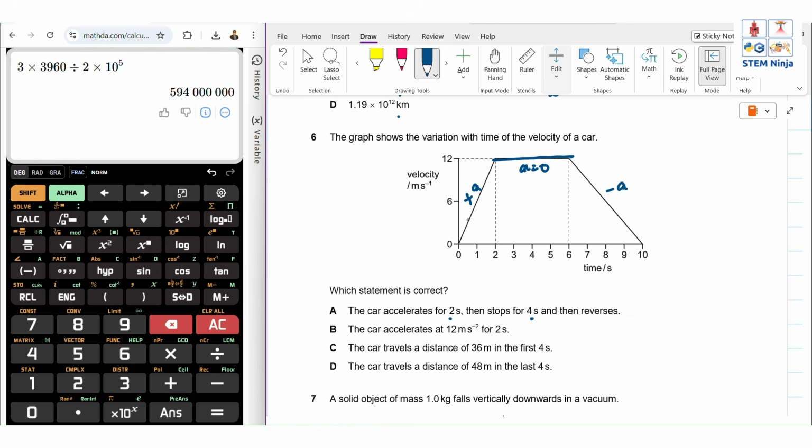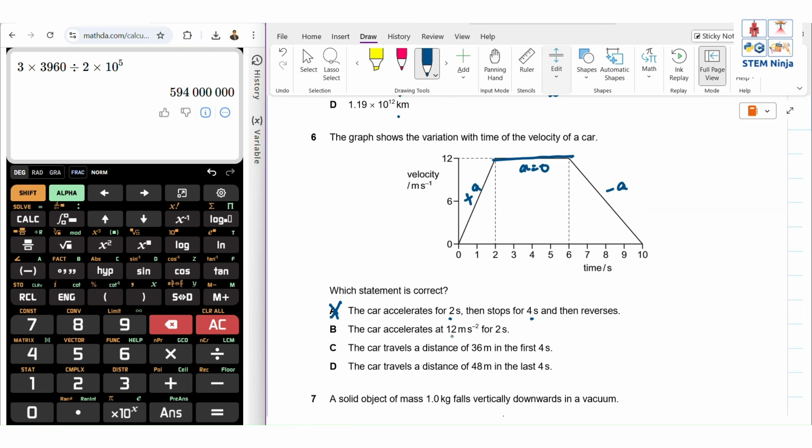Velocity being positive, 0, and negative does not mean the same thing as acceleration being positive, 0, and negative. Acceleration being negative simply means that it's decelerating. Acceleration being 0 simply means that the velocity is constant. So this is cancelled right away.